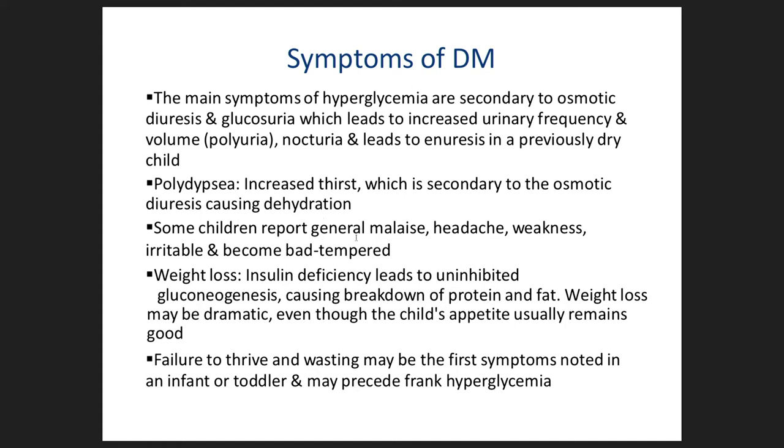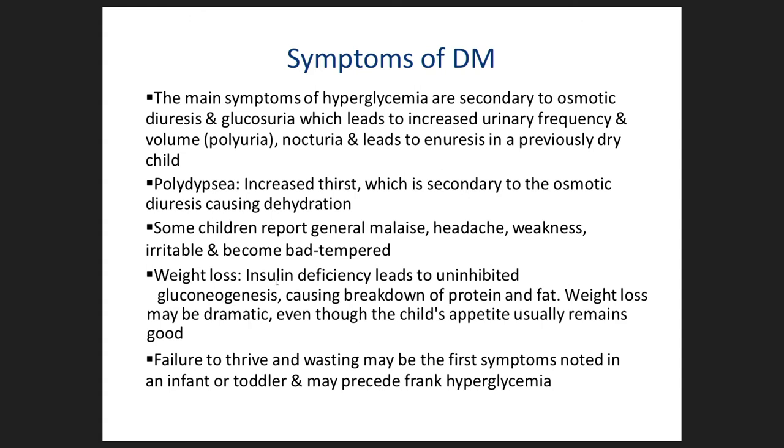Also, children and adults with diabetes, most of the time, feel weak, with generalized malaise, headache, weakness, and irritability, and their behavior becomes bad, what is called bad temper, because when they have high glucose, the brain cannot utilize the high glucose for energy, so they become irritable and their behavior changes. Despite having high glucose and a high appetite, they keep losing weight.